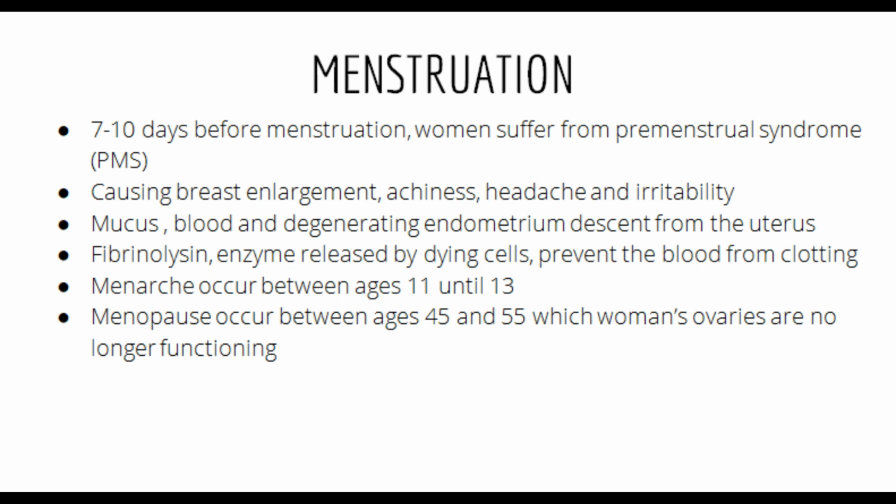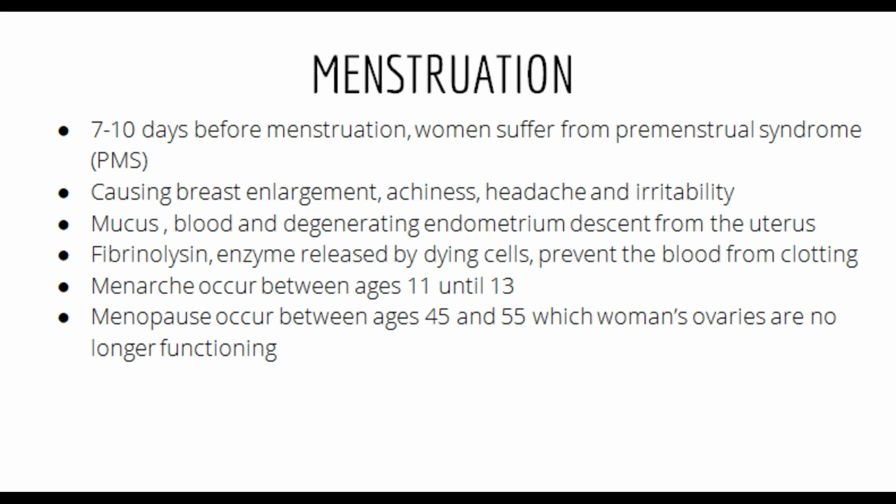Mucus, blood, and degenerating endometrium descend from the uterus. Next, the fibrinolysin enzyme released by dying cells prevents the blood from clotting. This enzyme is really important because when the blood clots, it will cause menstrual cramps in the uterus, and this is actually really painful.